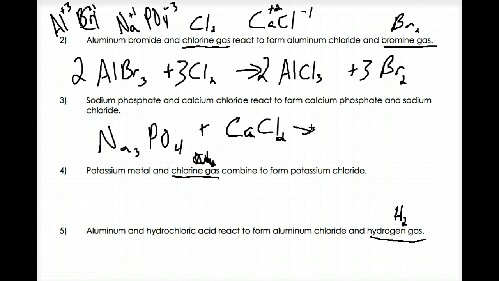React to form. To form means products now. Calcium phosphate. All right. Ca3(PO4)2. That's a parenthesis. Not easy to erase here. And sodium chloride, NaCl.